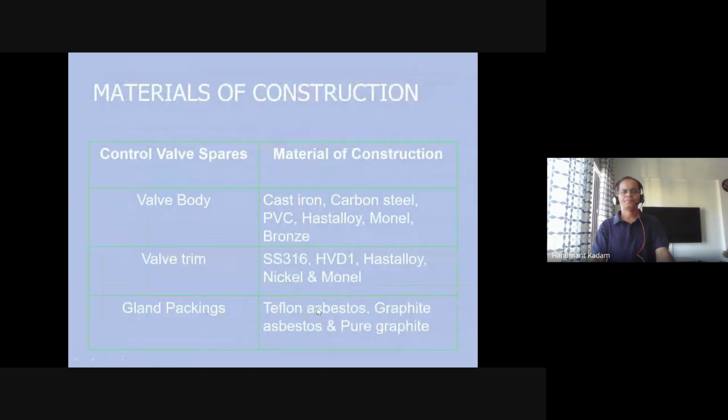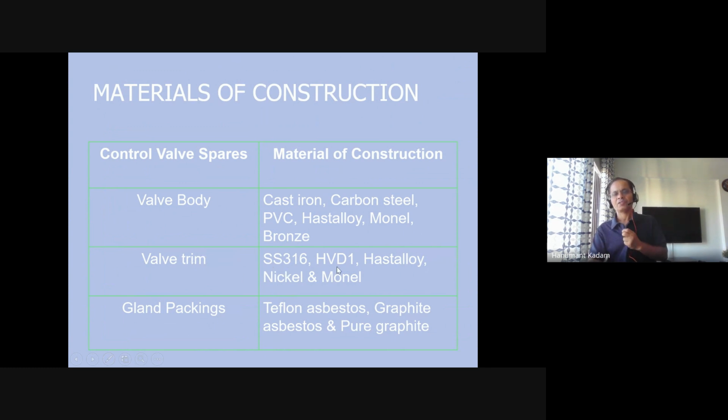So, material of construction: normally you can see the control valve body is either cast iron, carbon steel, PVC, Hastelloy, Monel or bronze, based on your process liquid or gas properties. Valve trim means the inside part, which is very, very important.